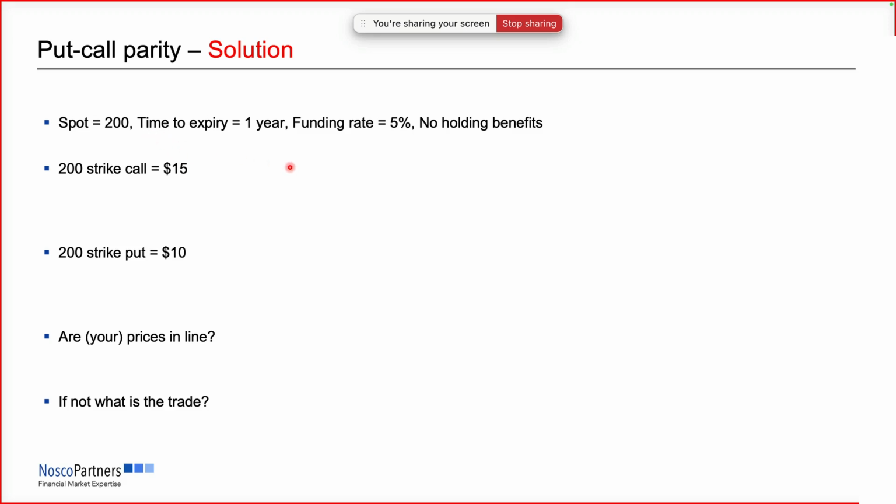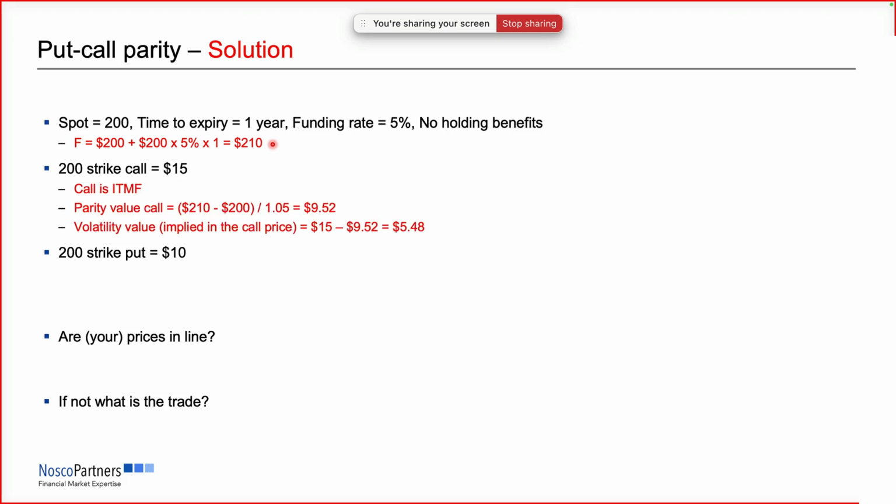So here, the first step is always to calculate the forward, because this is your reference point to decide which option is in the money and out of the money. We already did that, and this is 210. Then I analyze the call. I analyze how much volatility value the call has.